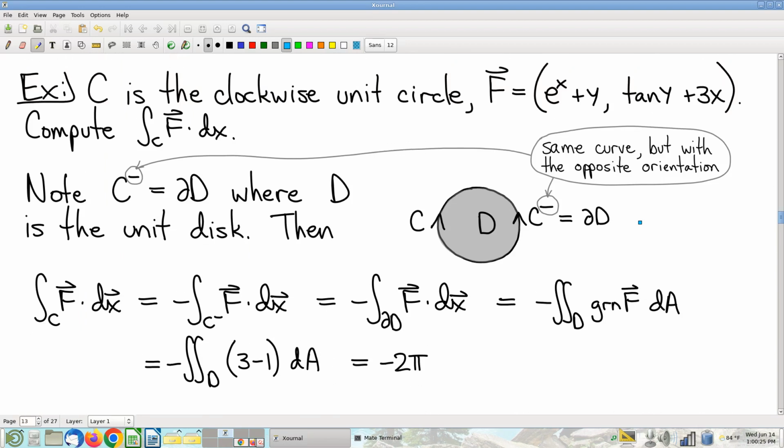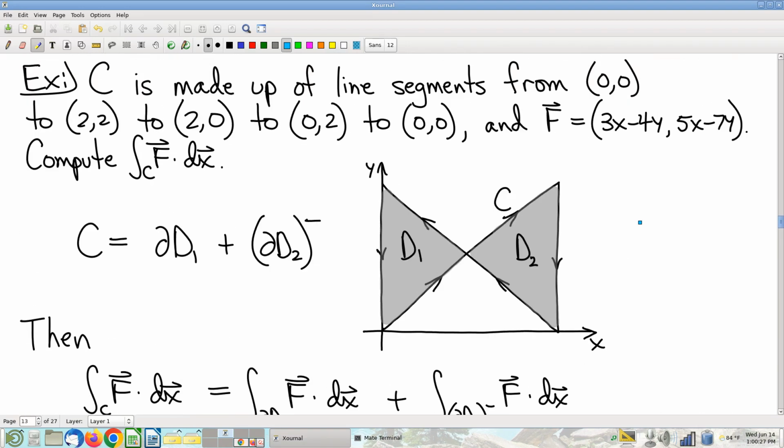Okay. All right, let's see another example. This is a weird one. Our curve here is made up of what I'm going to call 4 line segments, like so.